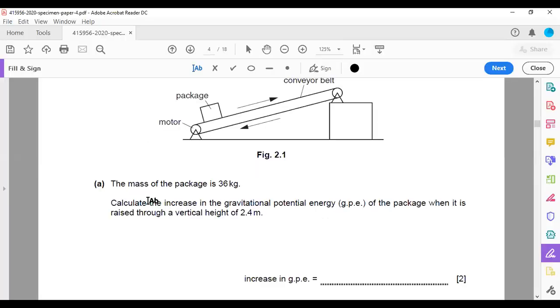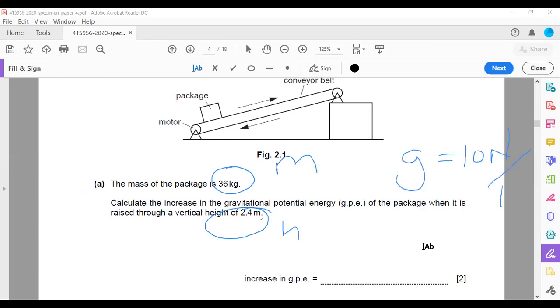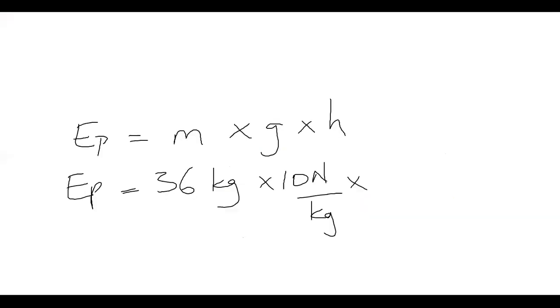They said to calculate the increase in the potential energy of the package when it is raised to a vertical height of 2.4. So this is your mass, this is your height, and we know that g is 10 newtons per kilogram. We use 2.4 meters, so the unit will be newton meters.